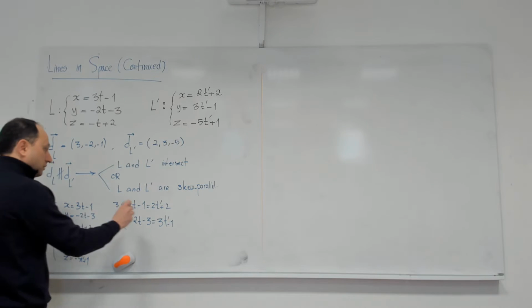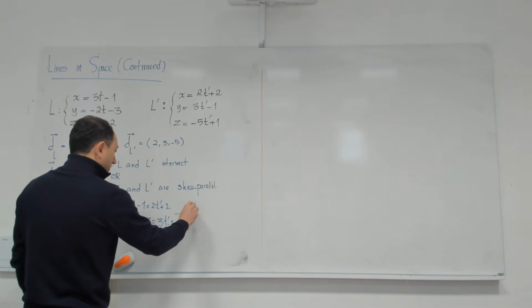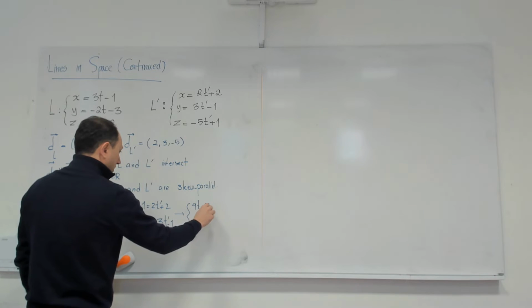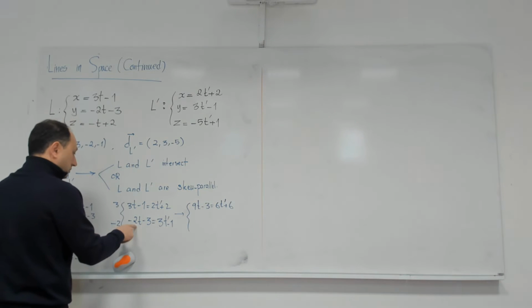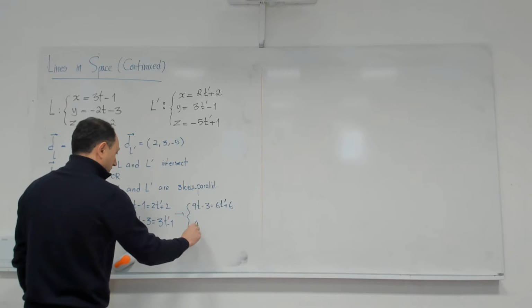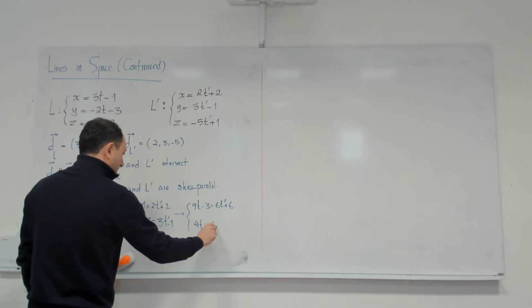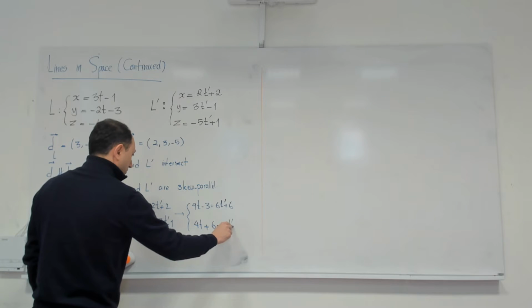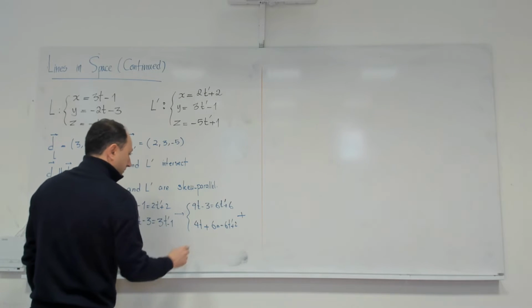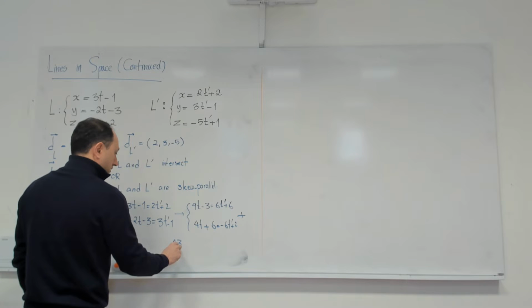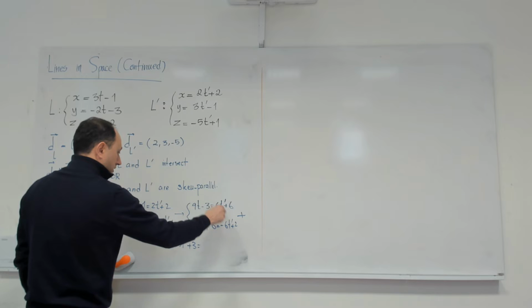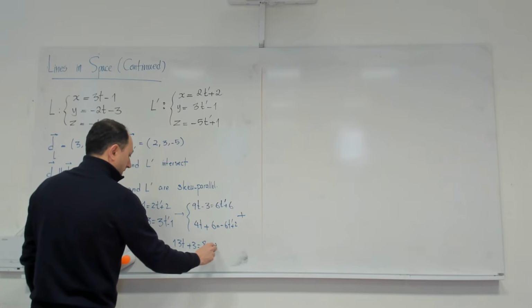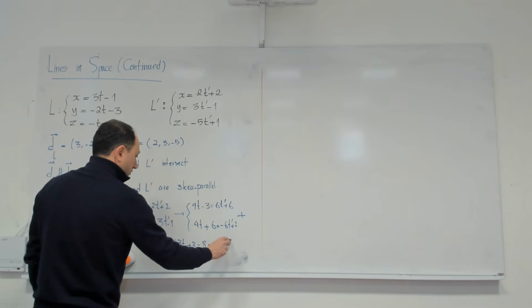So this becomes 9t minus 3 is 6t prime plus 6, and multiplying the second by minus 2, it becomes 4t plus 6 is negative 6t prime plus 2. When I add them, this becomes 13t plus 3, and on the right hand side the t primes cancel, and it becomes 8. So t becomes 5 over 13.